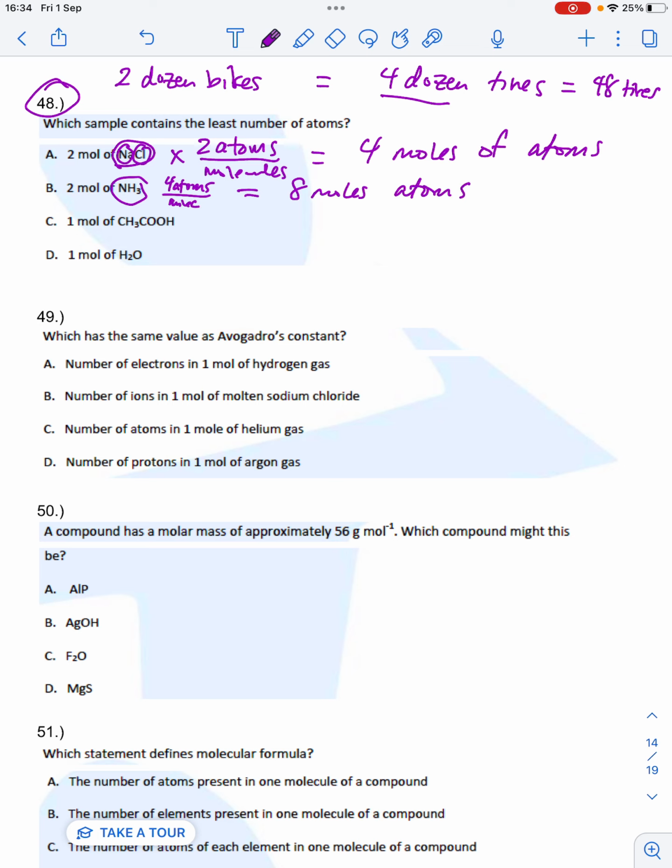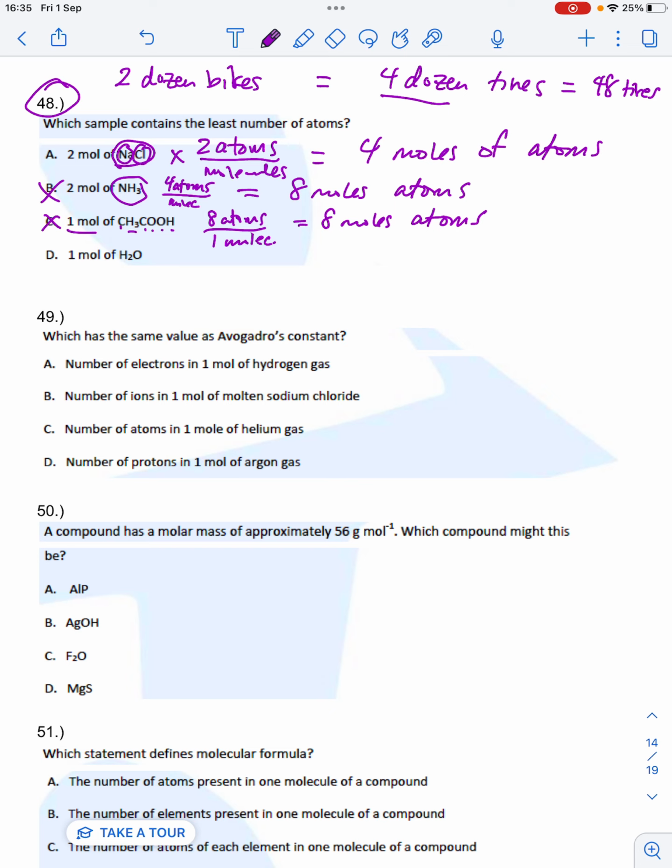In this next one, I've got C plus 3 H's is 4, plus 1, 2, 3, 4 atoms there, so there's 8 atoms. 8 atoms in 1 molecule, and I got 1 mole, so 1 times 8, I've got 8 moles of atoms again. So we can already see that B and C are both wrong because they are greater numbers of atoms than the first one.